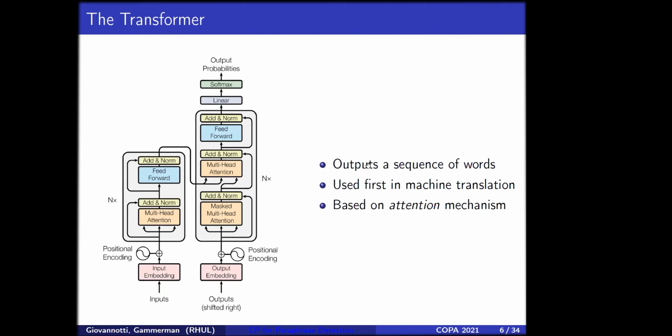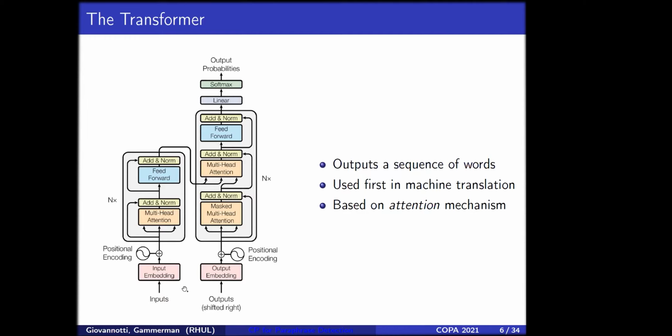And it performed really well. Being based on this attention mechanism, which is basically a sequence of matrix multiplications, it was really easy to scale and to parallelize. So it gained quite a lot of popularity.